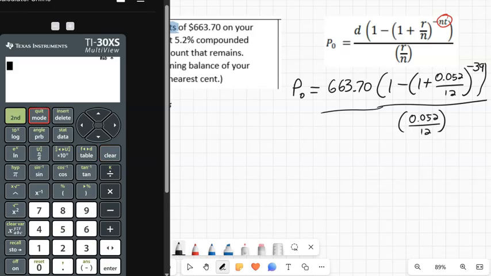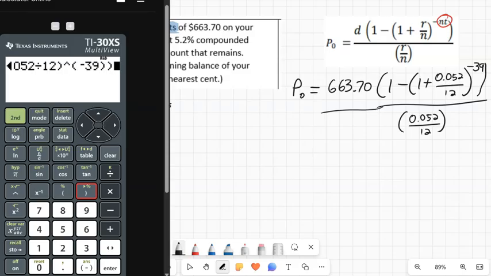I'm going to use the classic version of the calculator for this example so we can practice using all the parentheses we need. Open parenthesis 1 minus open parenthesis 1 plus 0.052 divided by 12, close parenthesis, exponent. Here we need a parenthesis because there's a negative along with that 39. Without that parenthesis, the negative would be the only exponent and the calculator would say there's an error.